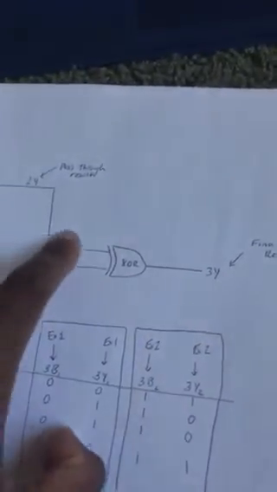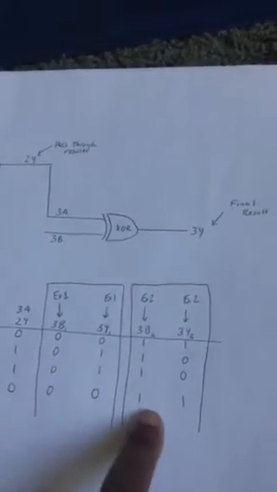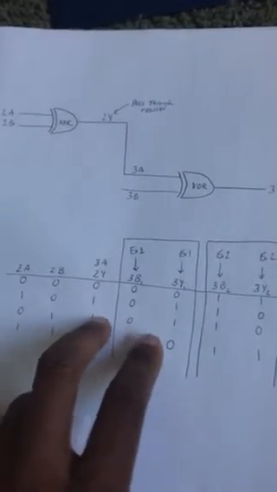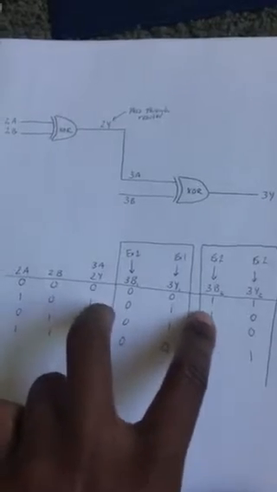As a result, we'll get a 0 here. That would be like these two cases. This one is a 1, this one's a 1, so our result is 0.